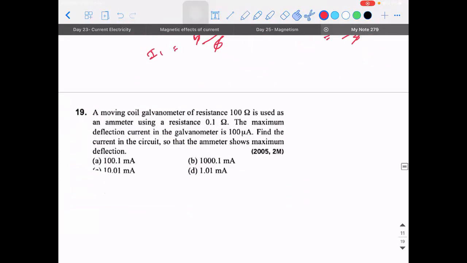So what is the formula, guys? Ig into Rg is equal to I minus Ig into S.